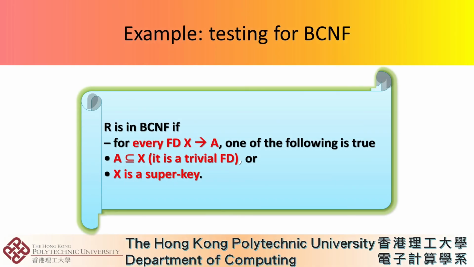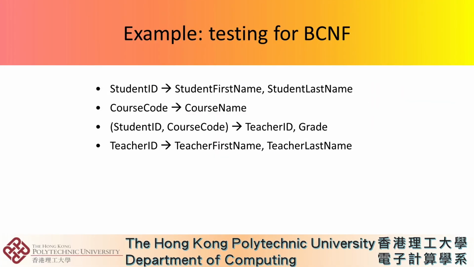To check if the database is in BCNF, you have to check that every functional dependency fulfills one of the following conditions: A is a subset of X, or X is a superkey. These are the functional dependencies of the example. Student ID functionally determines student first name and student last name.